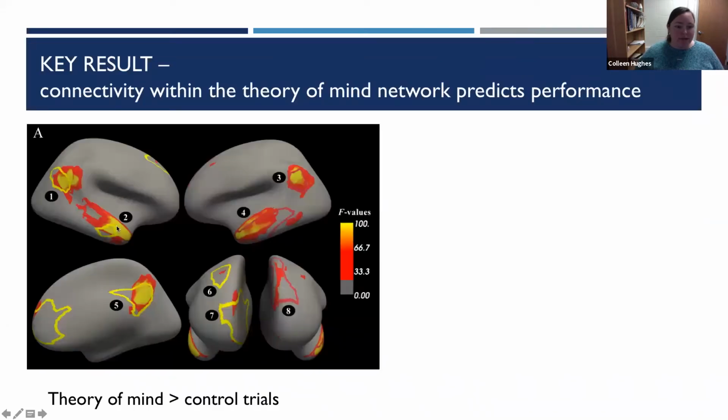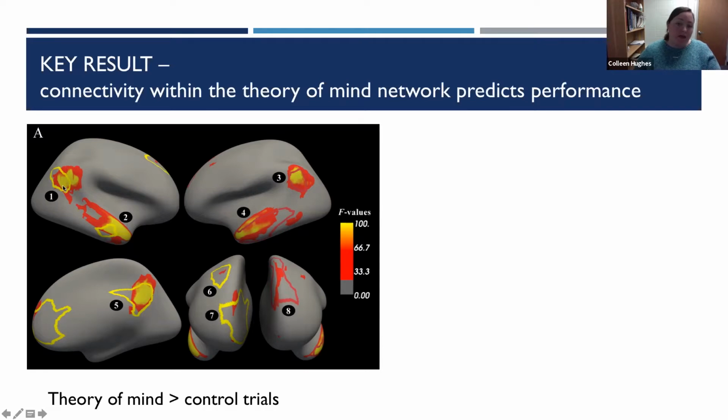The key finding here was we defined a theory of mind network using the task scan. So we took the peaks of the activations, which I'm showing you here on the surface, from the theory of mind localizer, which identified these commonly identified regions associated with theory of mind within our subjects, and then found where the peaks fell within the parcellation I identified, these are the outlines I'm showing you here.